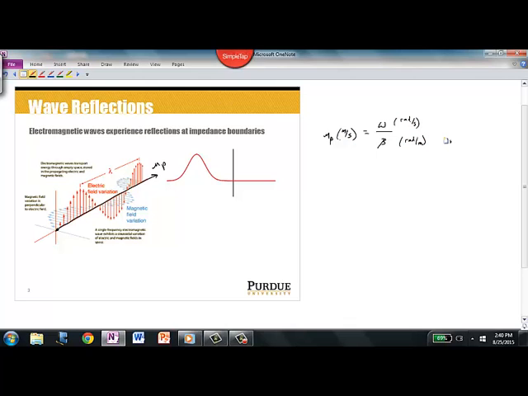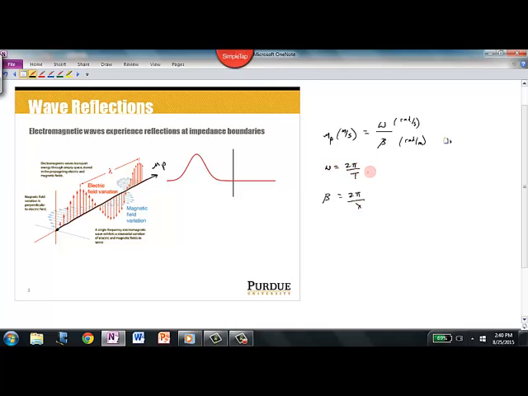And we can also modify the equation using our known relationships between angular frequency and period, and between wave number and wavelength, to write a couple other equations for propagation velocity. The first relationship is that angular frequency omega is equal to 2 pi divided by the period of the wave, and the second is that wave number is equal to 2 pi divided by the wavelength of the wave.